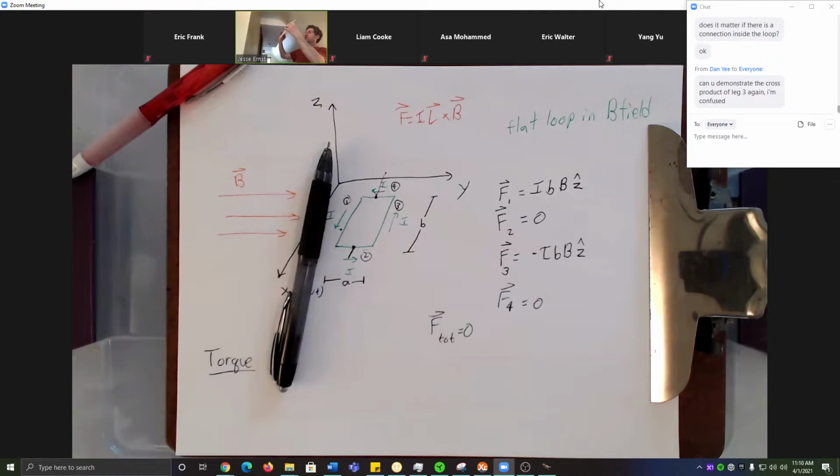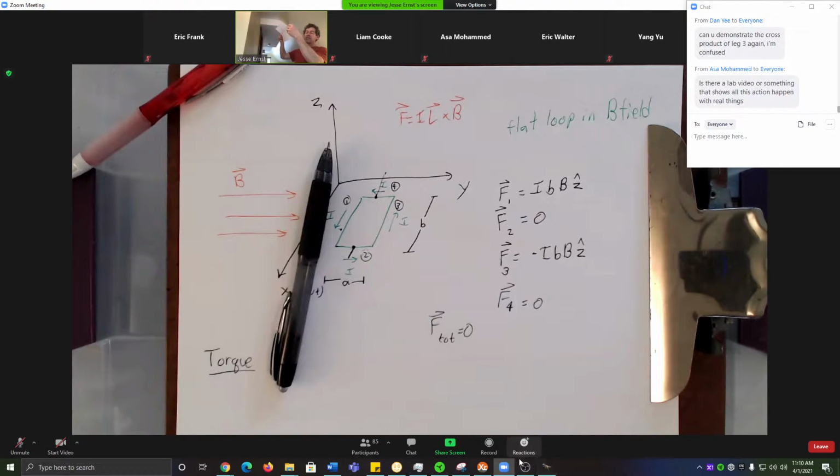So as soon as it gets to here, the force on this leg is up and this leg is down, and it'll twist this way, and then it'll stop here. And I could switch the direction of the current again when it gets to here, and if I keep switching it, the thing will continue to rotate.